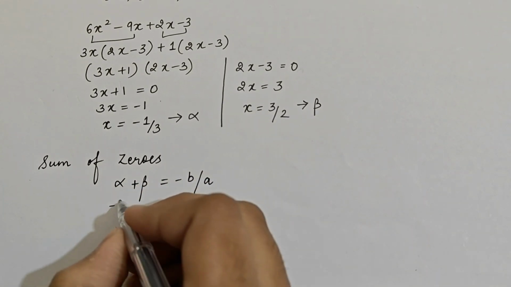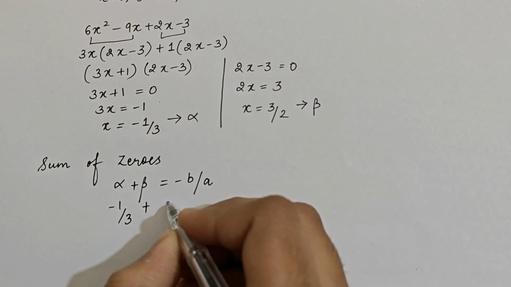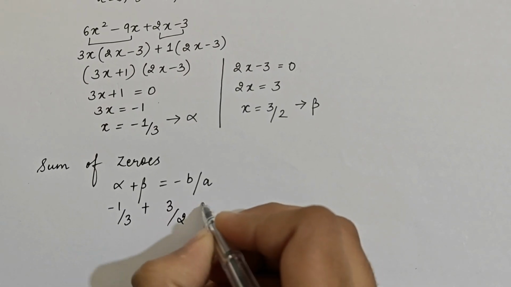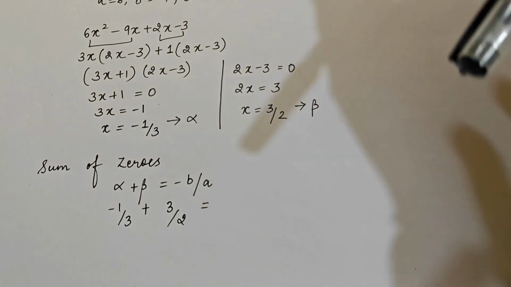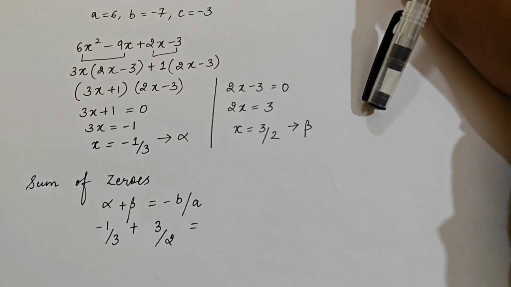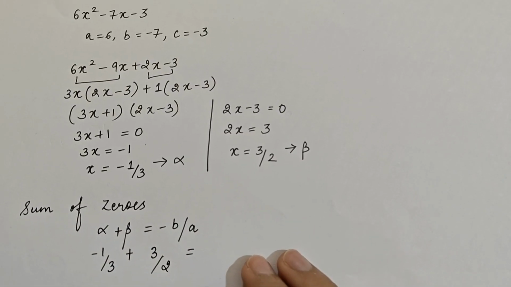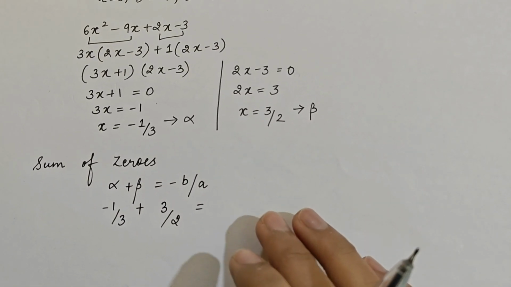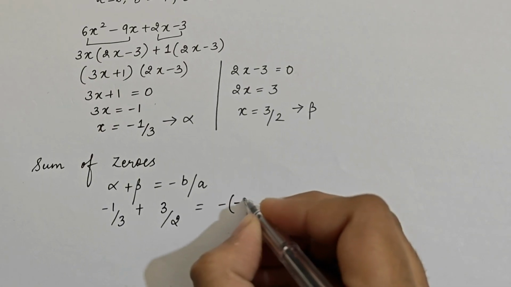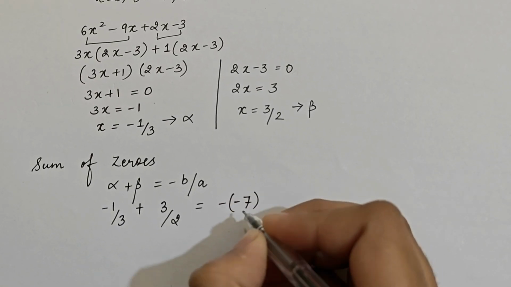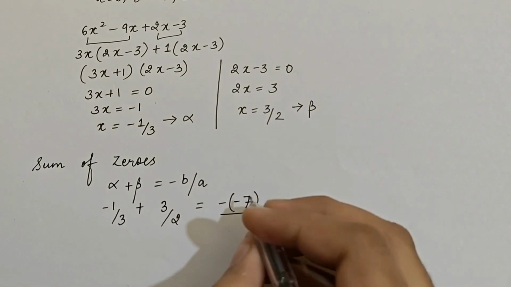That is minus 1 by 3. What is beta? That is 3 by 2. And above we have calculated the coefficients. So what were the coefficients we got? A is equal to 6, B is equal to -7 and C is equal to -3. Okay. So what is B? -7. And what is A? That is 6.